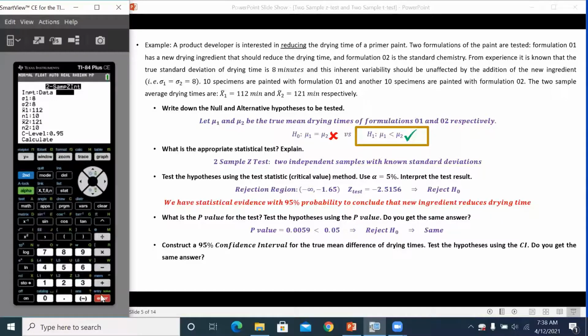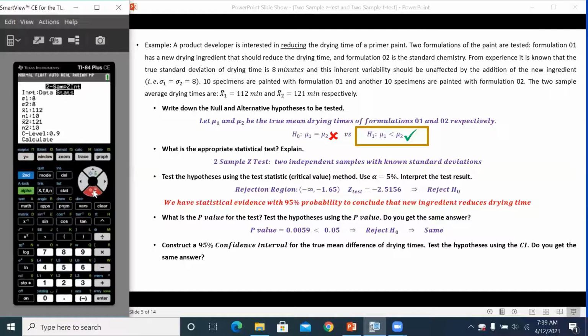Select that and then hit Enter. And then we have to define sigma 1, sigma 2, x1 bar, n1, x2 bar, and n2. They are automatically imported from the previous calculation of the two-sample z-test. Therefore, I do not have to enter them once again. I have to change the confidence level from 0.95, the default value, to 0.90.